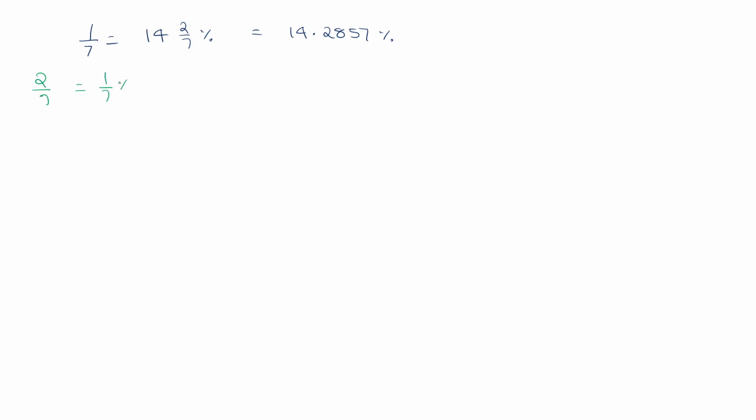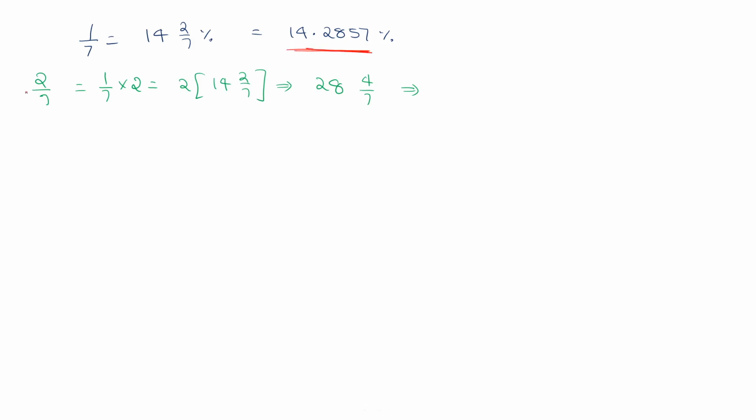If we need the value of 2 upon 7, it is nothing but 2 times 1 upon 7. Then the value is 2 times 14.2/7, that is 28.4/7. Or if you need the decimal representation of this percentage, just observe that there is a cyclicity in the decimal representation of 1 by 7 in terms of percentage.